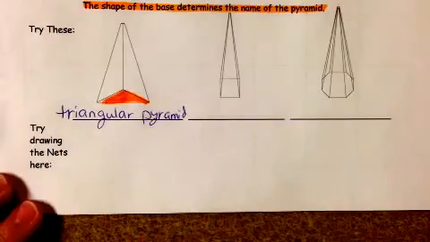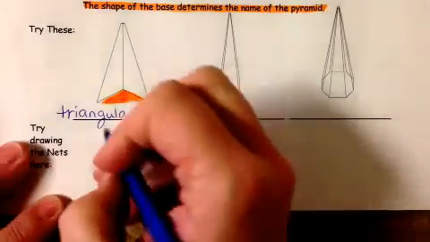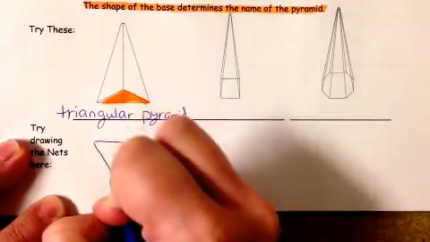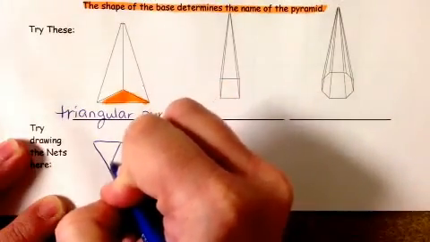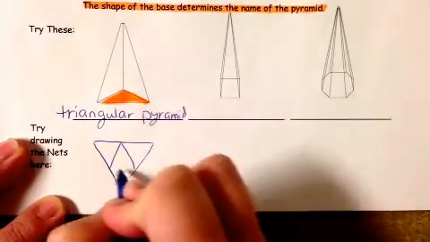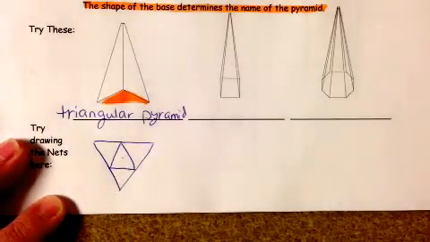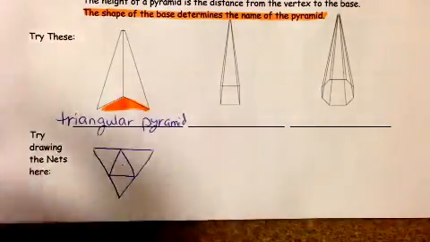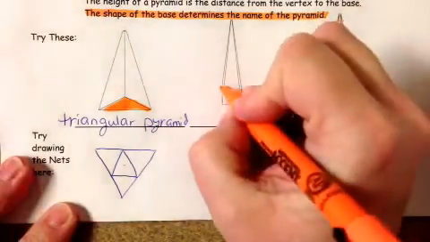To draw its net, it's kind of easier to draw this net if you just draw one big triangle and then divide it up into littler triangles so that we have our base and then our 3 other triangles to make our net. Our next pyramid has one square base.